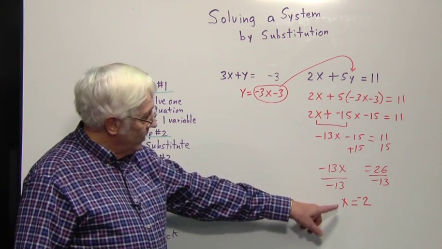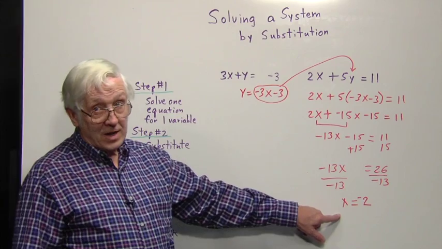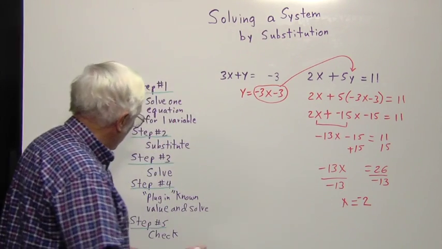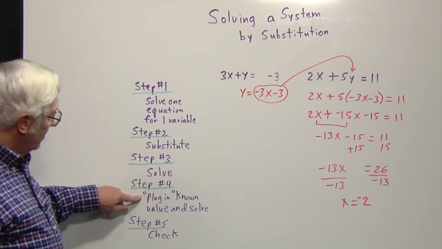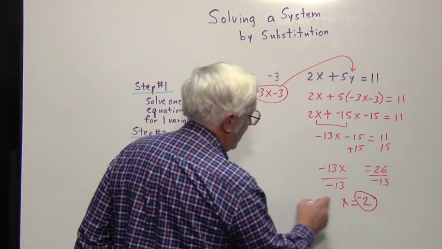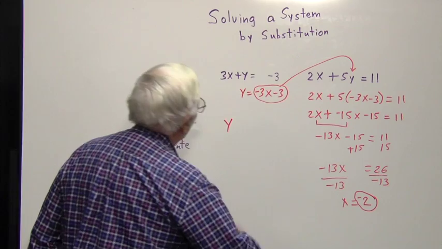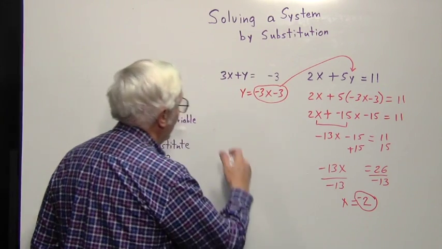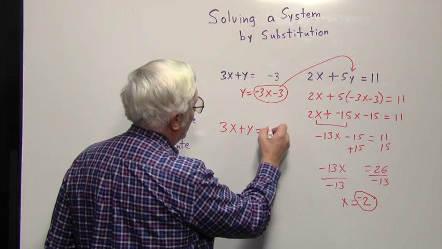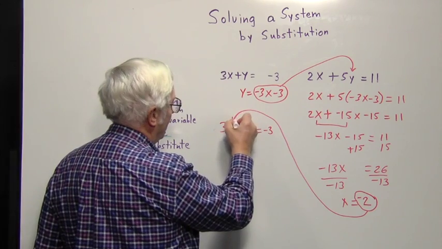Well, we have now found the value of x, or we think so, unless we've made a computational error, and x is negative 2. So we're at the plug-in step, and we take the first equation, which is 3x plus y equals negative 3, and we plug in this negative 2 for x.